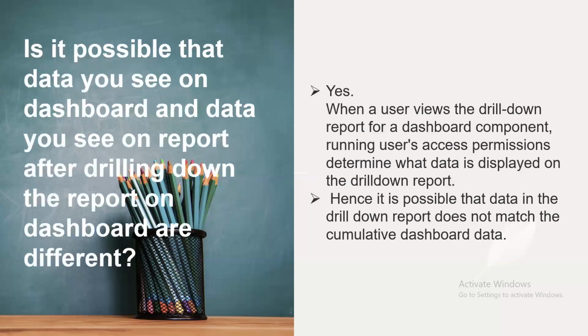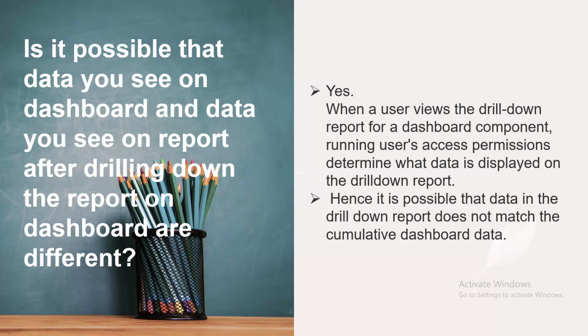This is a scenario-based question. Is it possible that the data you see on the dashboard and the data you see on the report after drilling down from the dashboard are different?